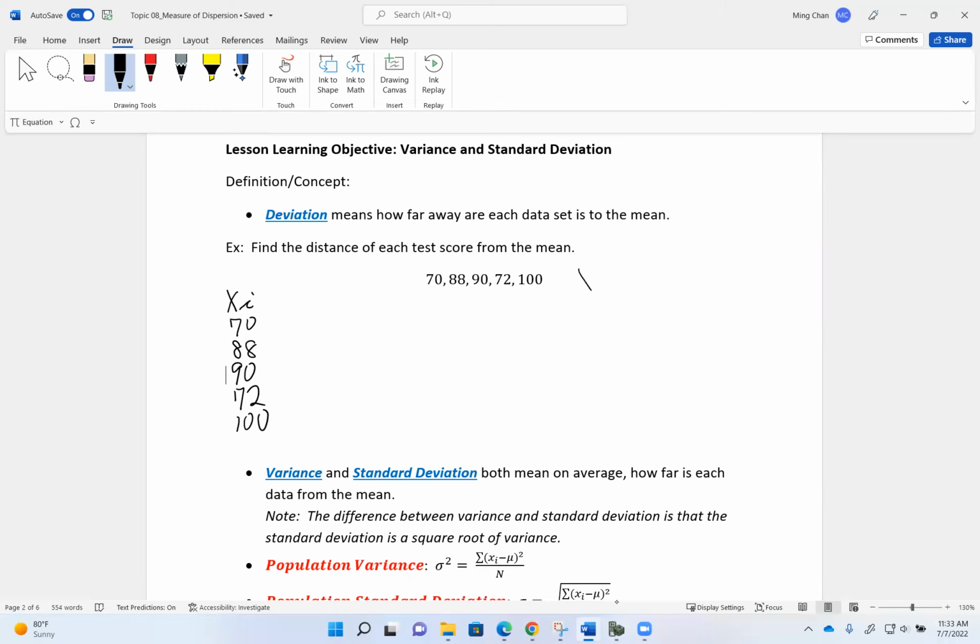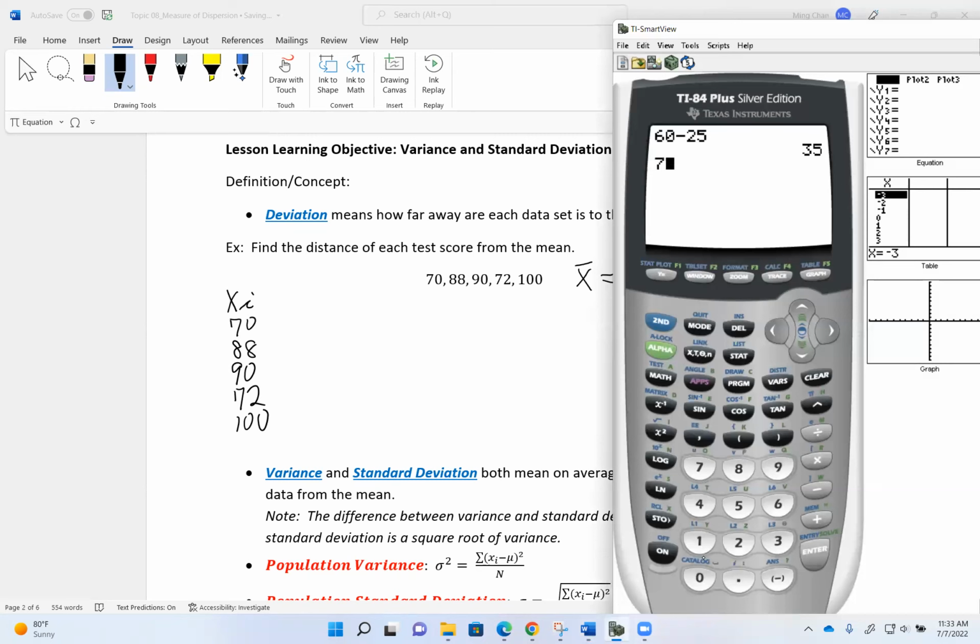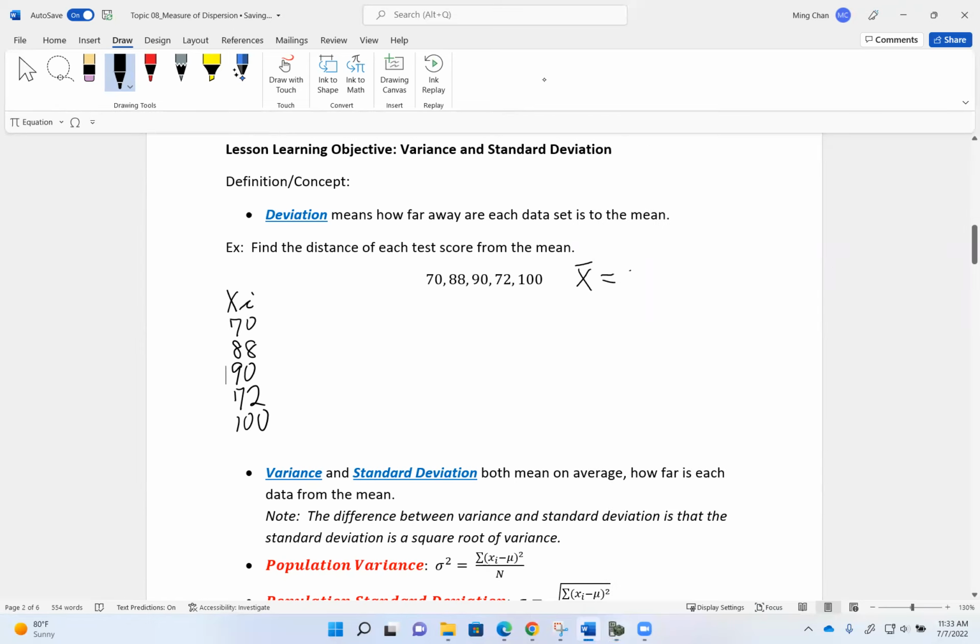I need to find the simple mean first. So I take 70 plus 88 plus 90 plus 72 plus 100, add them up first, then divide by 5. My average, my mean, is 84.